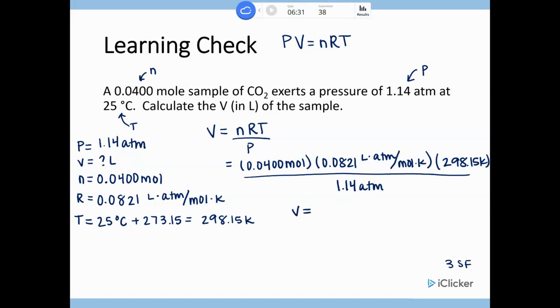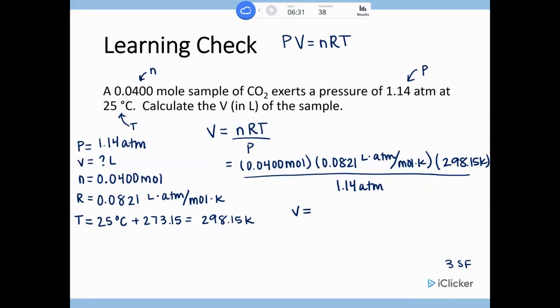Just thinking about units, we have in the gas constant liters in the numerator, atmosphere in the numerator. Atmosphere is canceled out with atmosphere in the denominator. Then we have mole and Kelvin in the denominator, and we're multiplying by a mole, so units of mole get canceled out. We're multiplying by Kelvin, so Kelvin also gets canceled out.